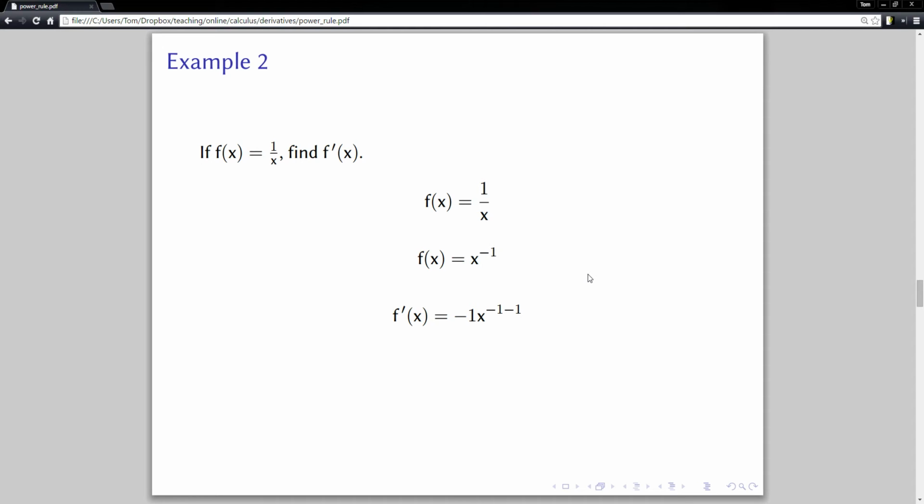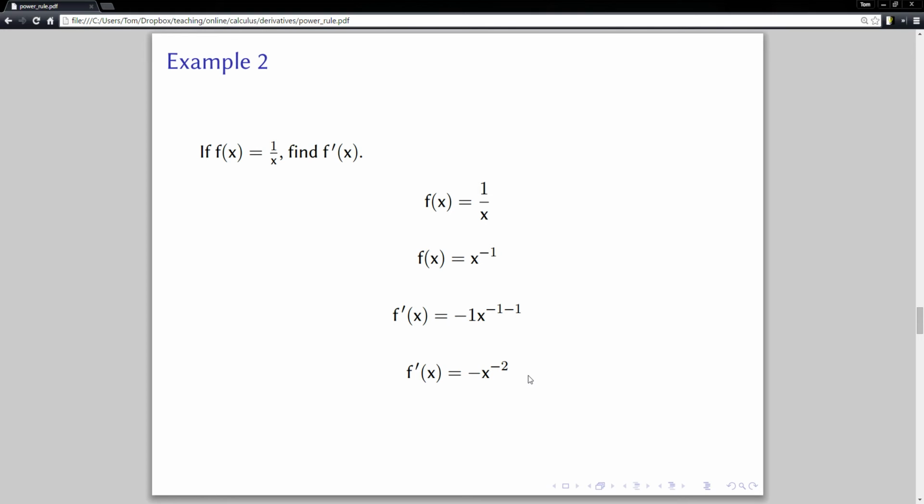And of course, we can simplify that. We have negative x to the minus 2, just simplifying that out, and that is the derivative of the function 1 over x. You could also use the rules of algebra to switch this back into a fraction like this.